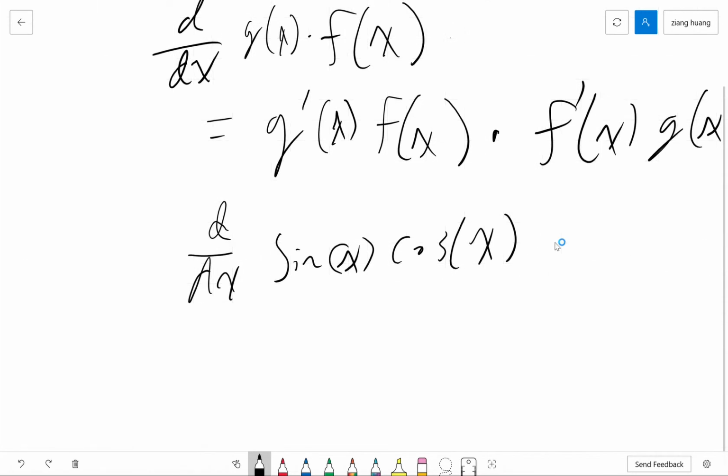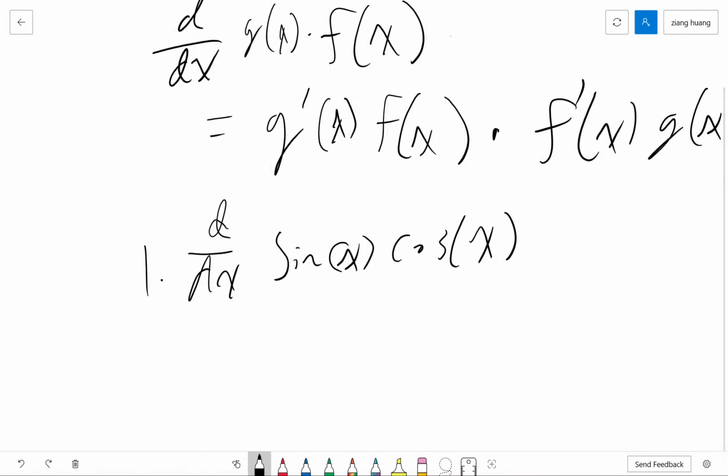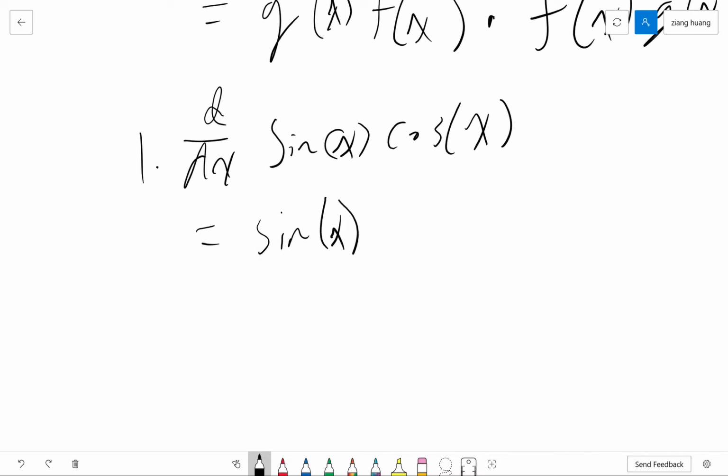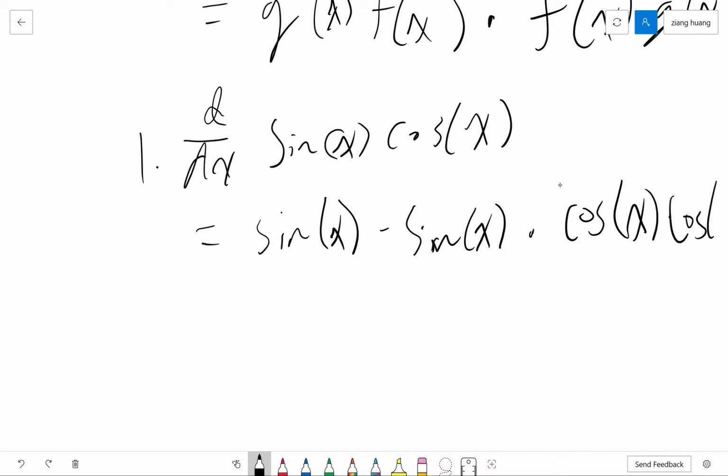Now let's test the product rule with an example: the derivative of sine x times cosine x. By the product rule, this is equal to sine x multiplied by negative sine x, plus the derivative of sine x, cosine x, times cosine x.